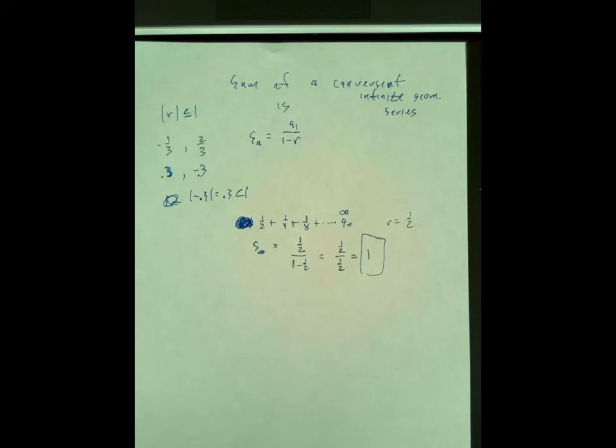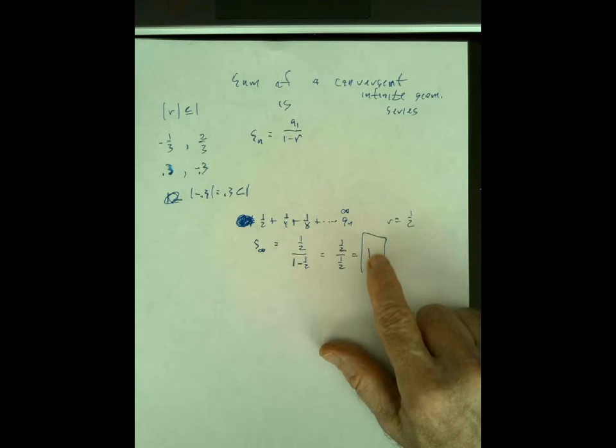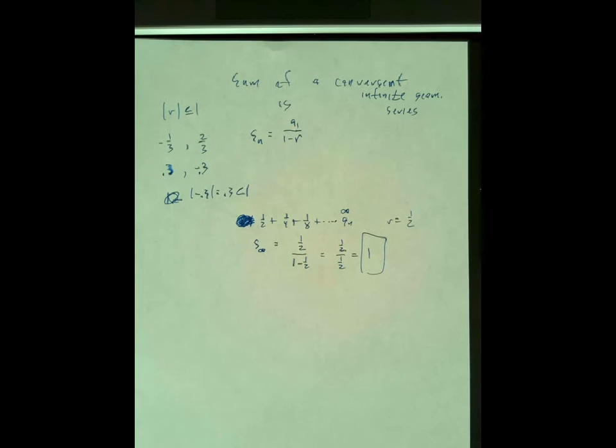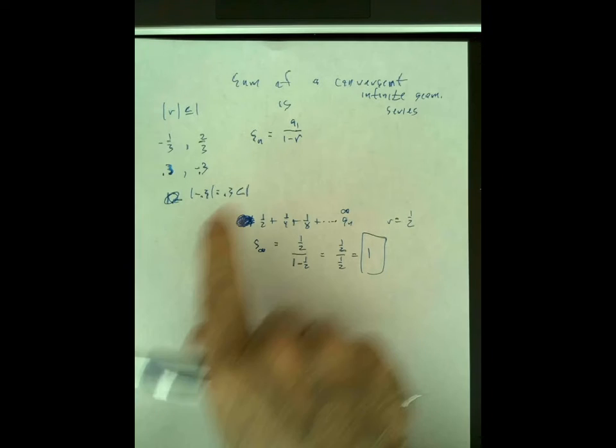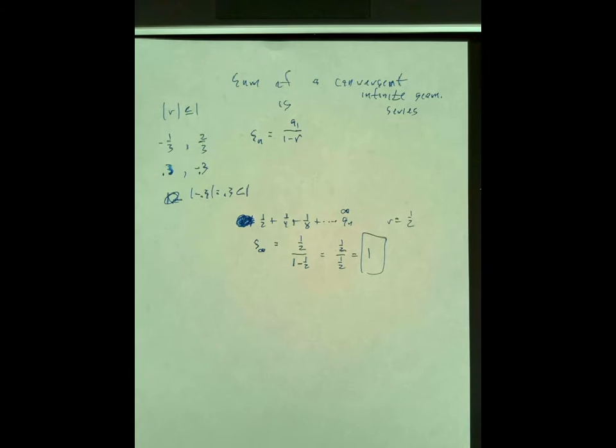Now you're going, but Mr. Waters, I thought what we showed was that it got closer and closer to 1, but it never actually got there. And that's true if you're thinking in terms of a finite number of terms. But if we imagine in our heads that series keeps going on forever, then the limit of that series was 1, so it turns out that the sum is equal to 1. We'll come back to an example of that strangeness in a minute.